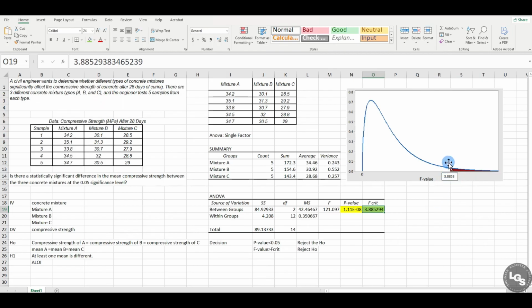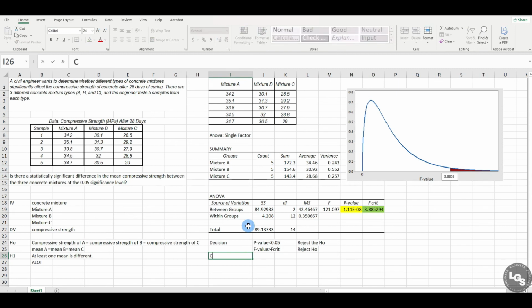Starting from this point is the critical region. And our F value is 121, so it is at the right part, beyond the F critical. So we reject the H0. Our decision is correct based on the result of the test.